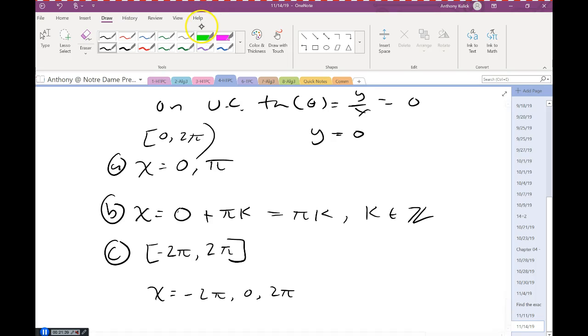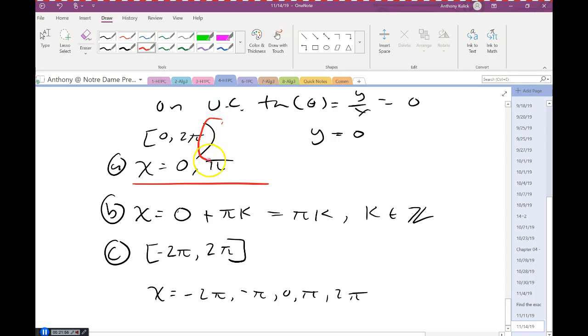Why wasn't, or I'm sorry, I got more than that. Negative pi, 0, pi, and 2 pi, excuse me. Why wasn't, say, 2 pi an answer up here in part A? Because I had a parenthesis on that interval, so I know that 2 pi isn't included in that interval. Here it has a bracket, so I know 2 pi is included.